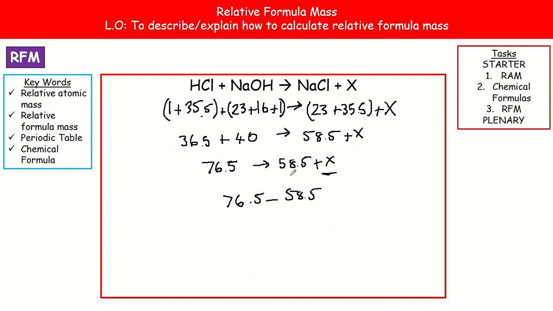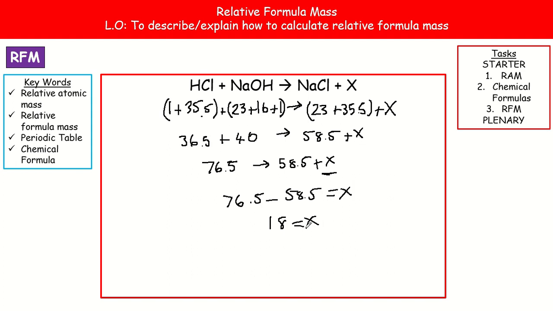So if we subtract what we know from the right, the 58.5, then all we're left with is X. So that will give us X. Now, if we work that out, I'll just use a calculator because even my head isn't working too well today, and we get an answer of 18. I'm sure some of you got that quicker than I did. So X is 18.